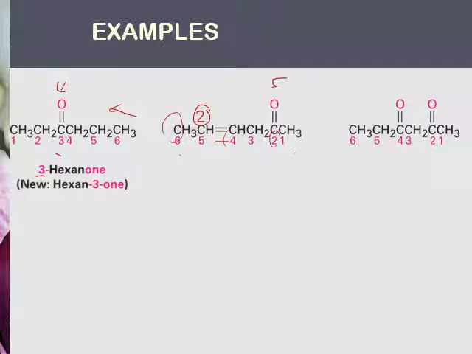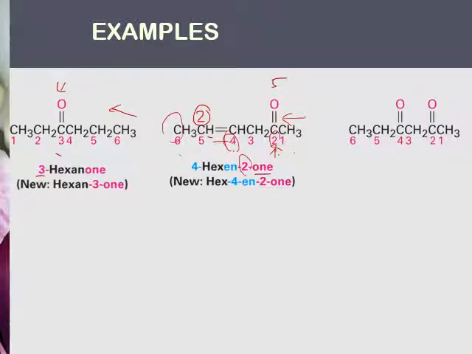Since the carbonyl carbon has the priority, we go from right to left. This molecule is a hexene, with number 4 having a double bond, so 4-hexen-2-one, with the carbonyl at number 2 carbon.